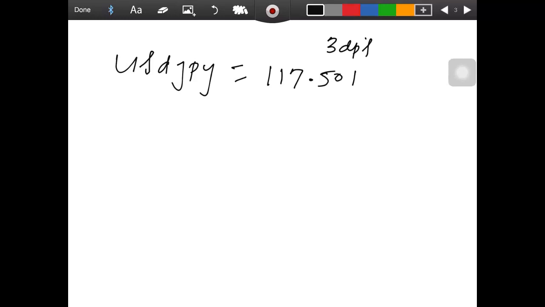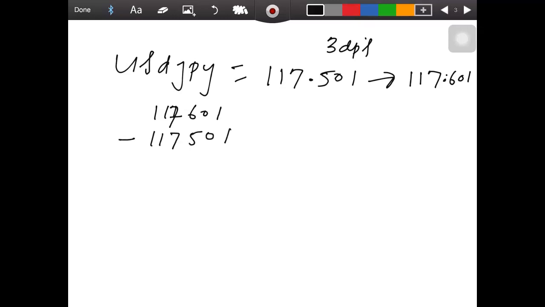So let's see an example of how to calculate this. Let's say the price moves from 117.501 to 117.601. Same example, we do the raw calculation: 117,601 minus 117,501, and then we have 0.00100.